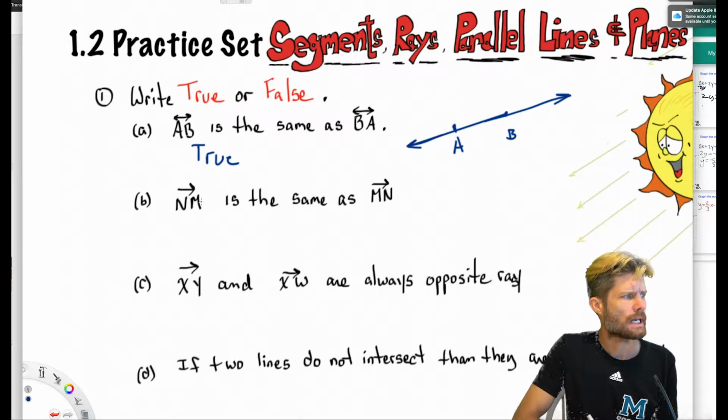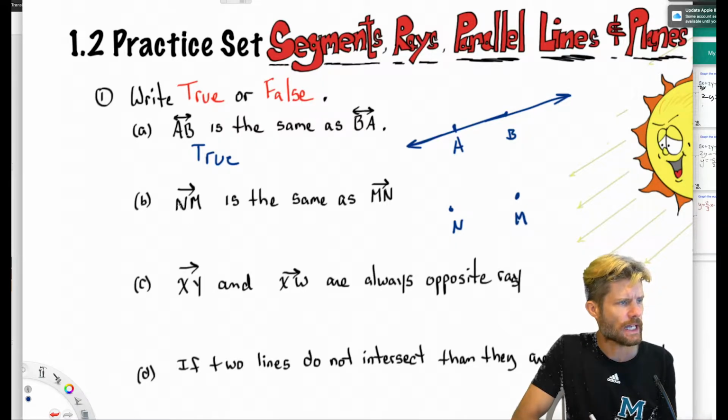Ray NM is the same as ray MN. So if I have points N and M, and I say ray NM, that means that N is the endpoint, and it's starting at N and it goes through M, and the ray is going to go in that direction.